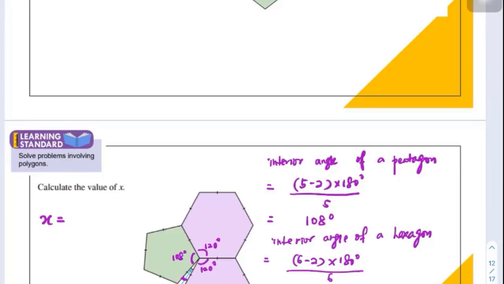Andika? Total is what? 360? Then, Andika? No. Teacher, can I try? Then understand? Same like the previous question.